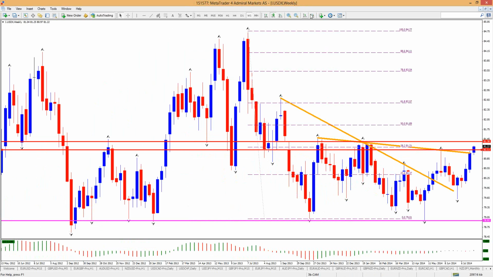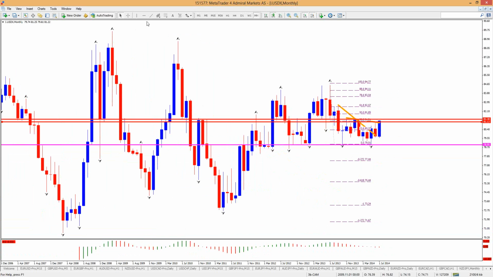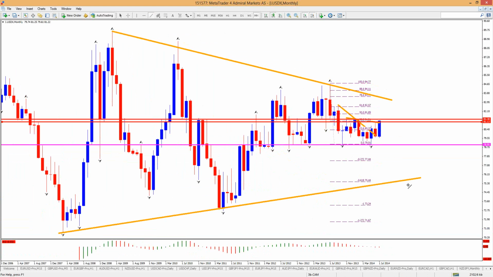So obviously we're in a consolidation mode on this dollar, especially if you zoom out to the monthly. You can see this is looking like a contracting triangle. So we've been in a very big consolidation. The dollar index very much looks like the euro dollar, doesn't it? That isn't a coincidence, obviously, because the euro dollar has a big part in that dollar index.